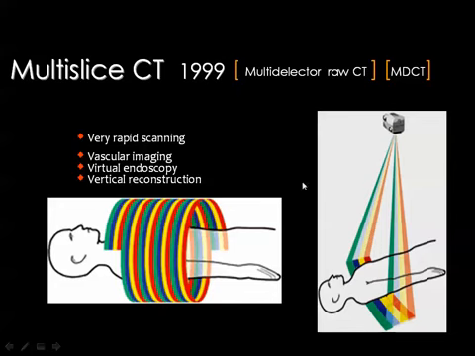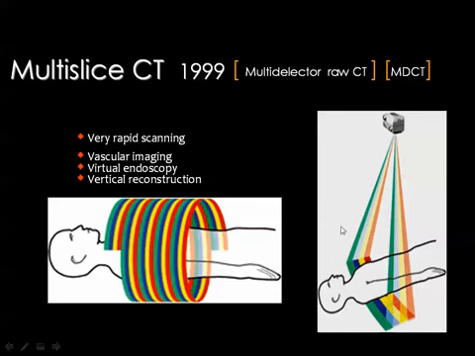Then per tube rotation you will get four sections. Then the CT scan of the chest is now done in about 3 minutes or even less. This is known as multi-slice because per tube rotation you have many slices, or multi-detector because you have many detectors in front of the X-ray tube.